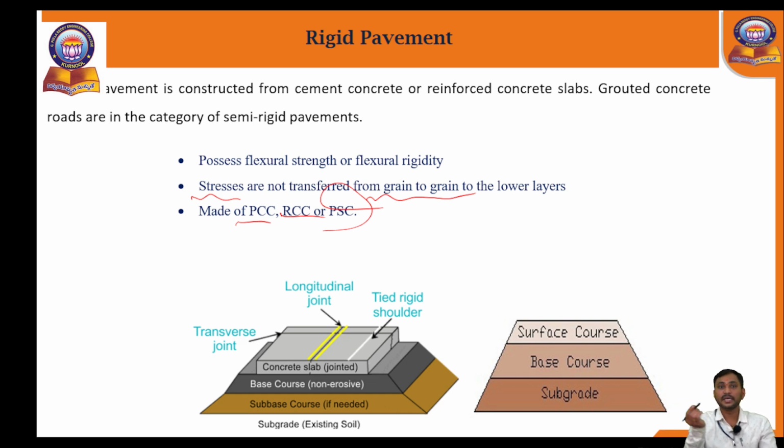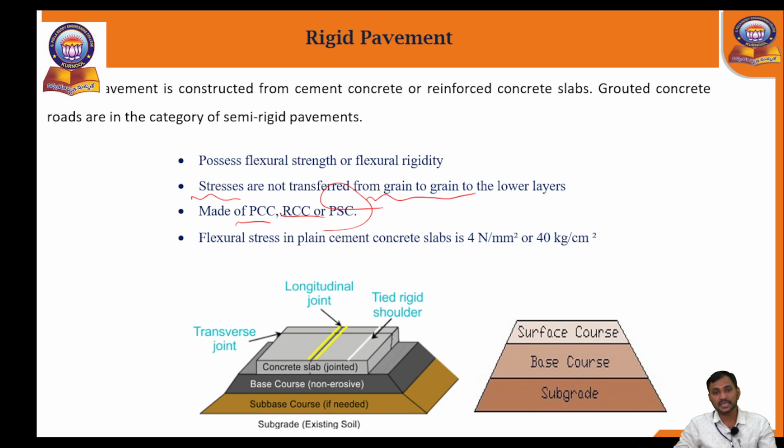For example, the Tirupati Garuda Varadhi was done with pre-stressed and prefabricated concrete, where they have mentioned the post-tensioning wires. Next, flexural stress in plain cement concrete slabs is 4 Newton per mm square or 40 kg per centimeter square.